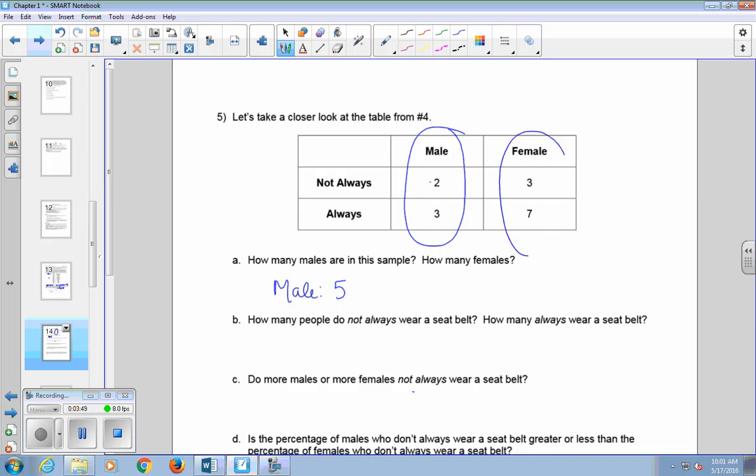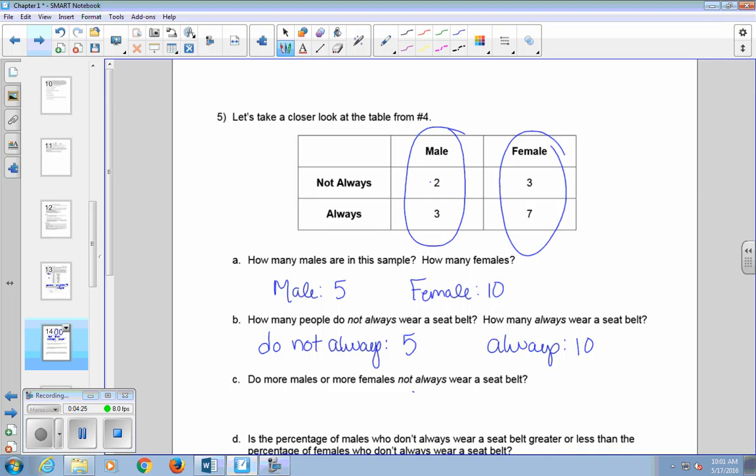We can total our female column to tell us that we had a total of 10 females. How many people do not always wear a seatbelt? That total we can get from our first row. So that is 5. And how many always wear a seatbelt would be 10.